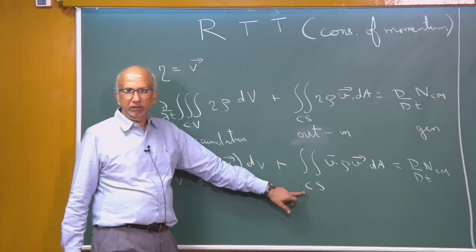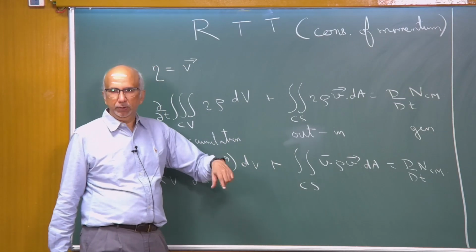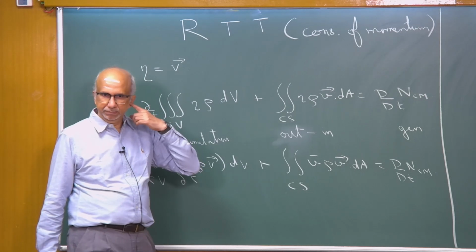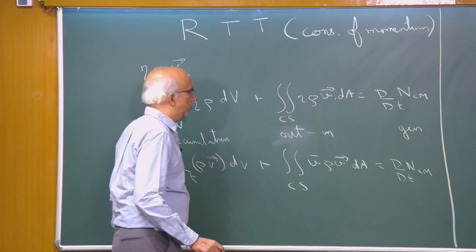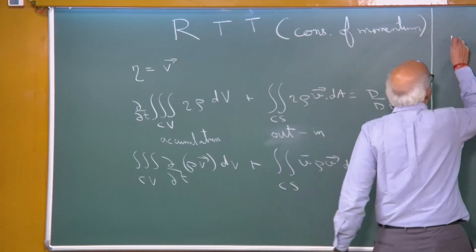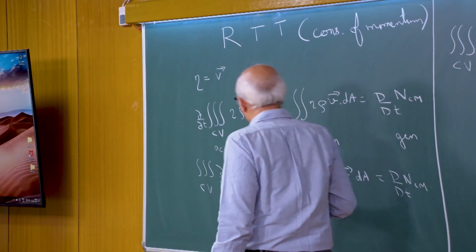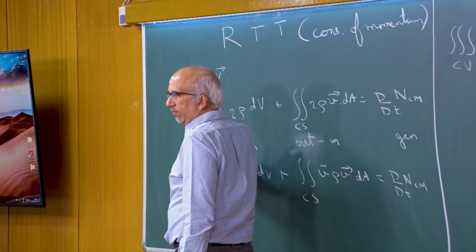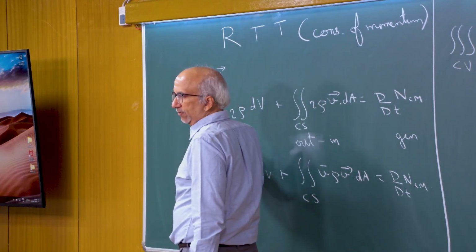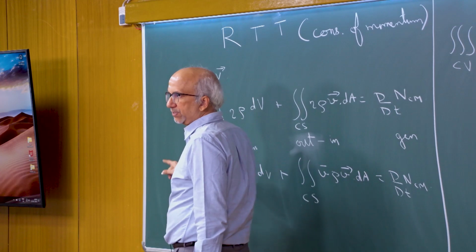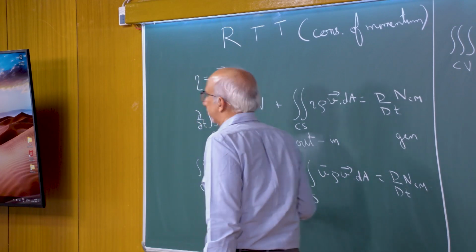Now, we want to convert this surface integral into a volume integral using the divergence theorem, and we do that, and we combine the two terms on the left hand side. What justifies taking the derivative inside is the fact that my control volume is fixed. Okay. It is not changing with time.